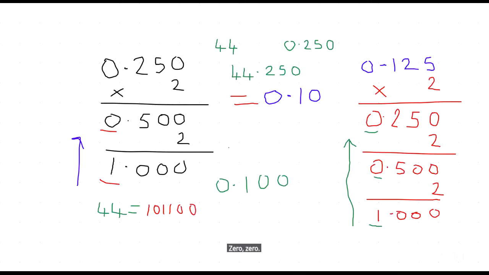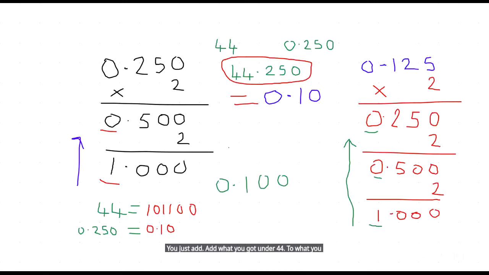And when we converted 0.250, we got 0.10. So to solve this, you just add what you got under 44 to what you got under 0.250, and that's the answer.